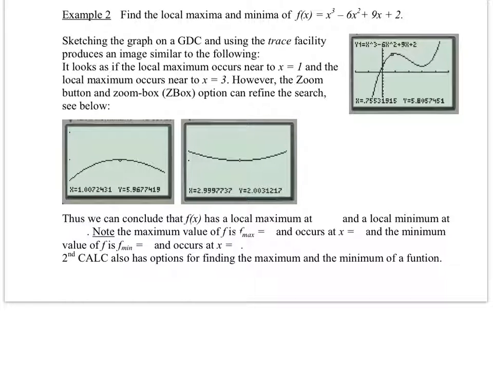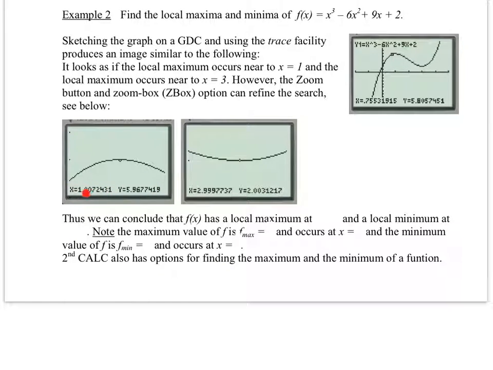If you wanted, you could zoom in a little bit. You can do the zoom box option, which draws a little box around this area here, so that it looks like this, and you can get it a little bit more accurate, using trace, and you can begin to see what the x value and the y value should be.